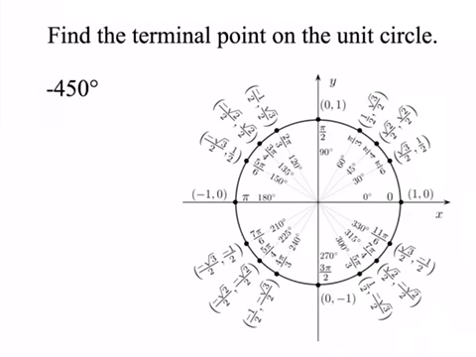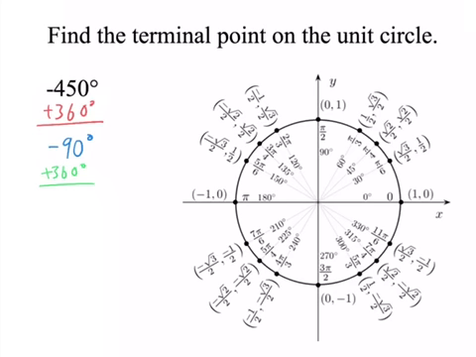First thing I want to do is find a coterminal angle for it. So I'm going to add 360. When I do that, I now have negative 90 degrees. So negative 90 degrees, that could be helpful for finding it. Or I could now add 360 again as well.